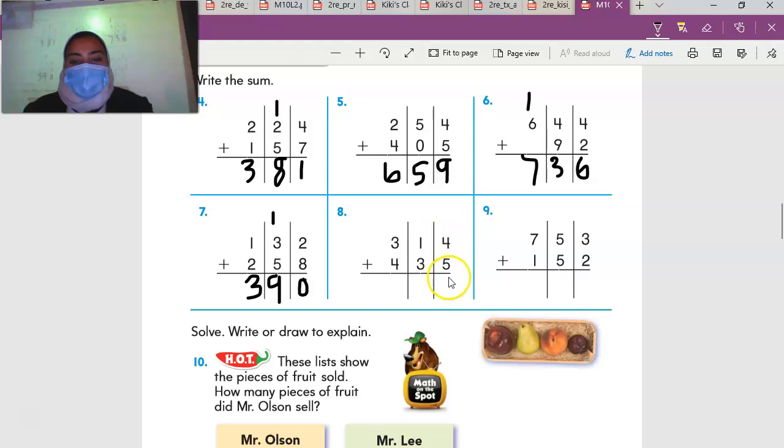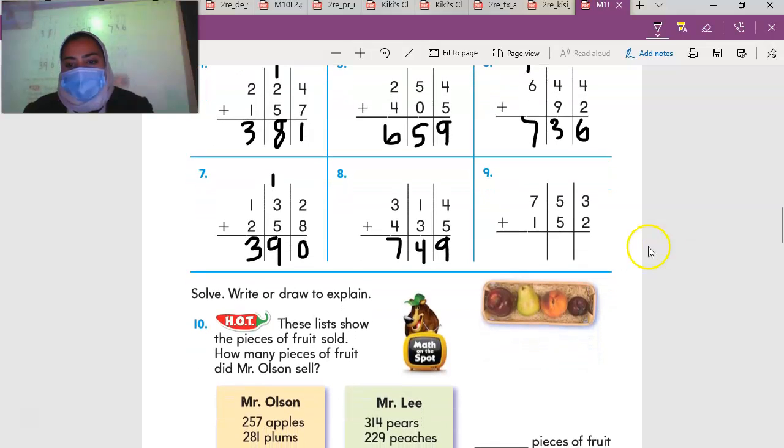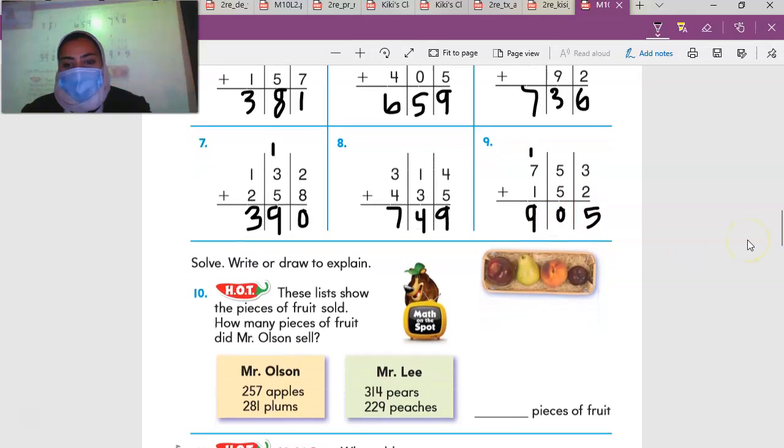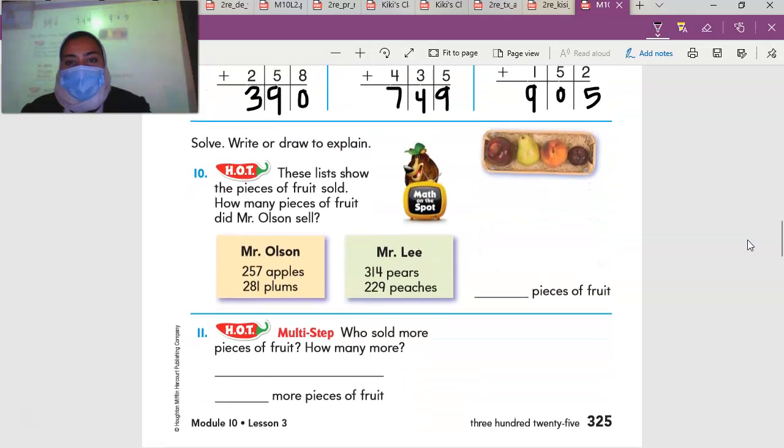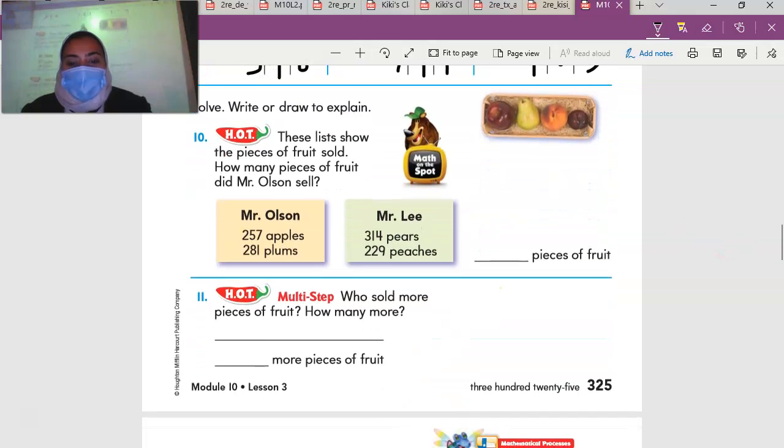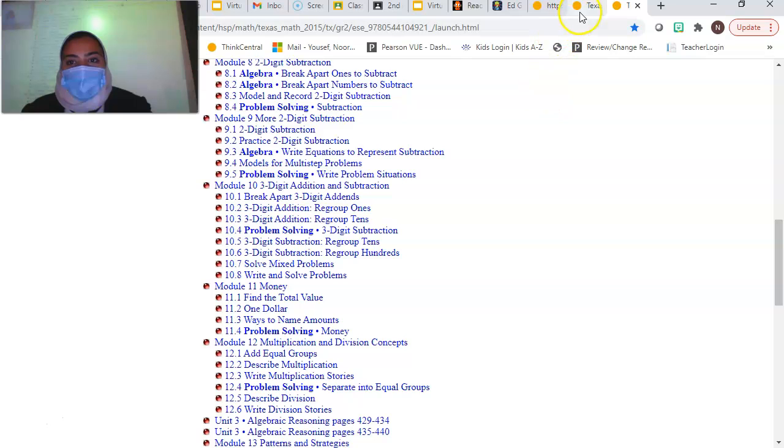Next, 3 plus 2 is 5, 5 plus 5 is 10, so 0 goes here. The 1 goes in the hundreds place. 1 plus 7 is 8, and 8 plus 1 is 9. What's your answer? 905.